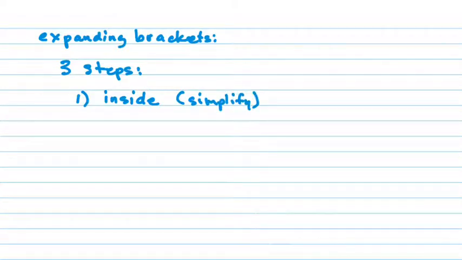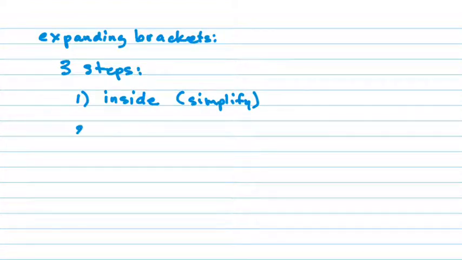Remember, simplify is that all-encompassing math word that means do the math. You follow the order of operations. So sometimes there may be some like terms to combine, sometimes a little multiplication or some division, whatever. If there's anything that you can simplify inside, then you need to do that first.